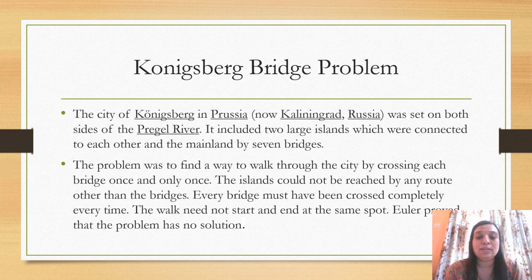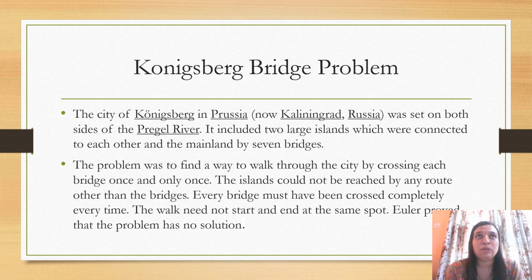The Pregel River divided the land into 4 land masses, and the problem was: is there a way to walk through the entire city, crossing all the land masses, by crossing each bridge exactly once and only once?